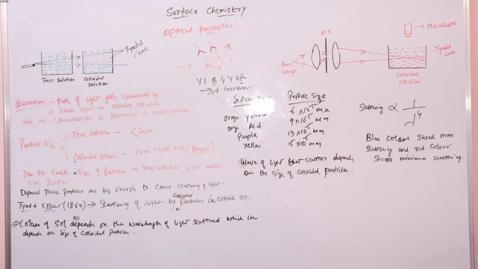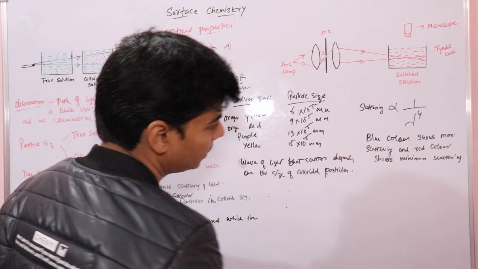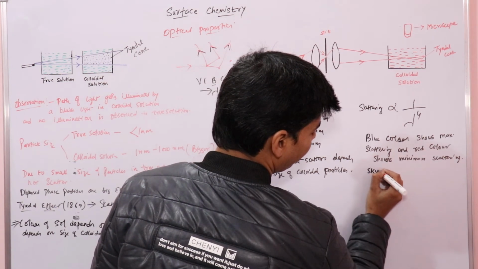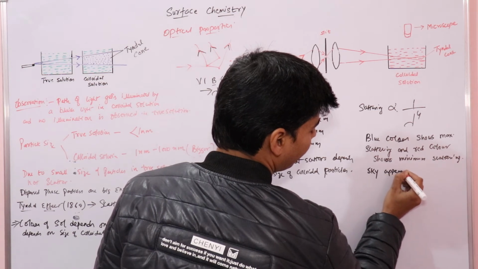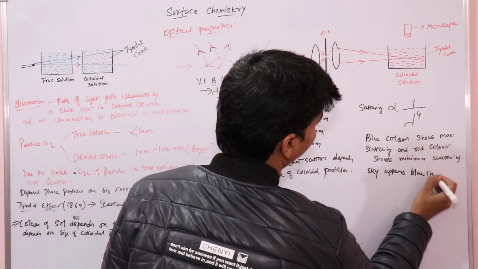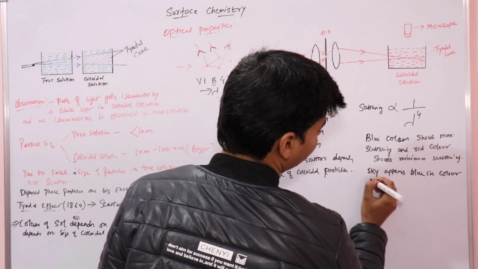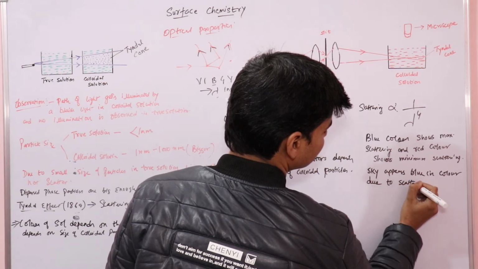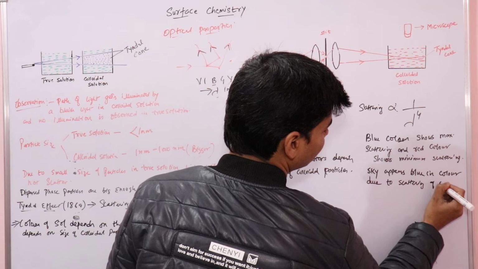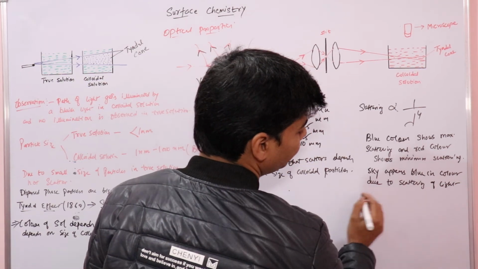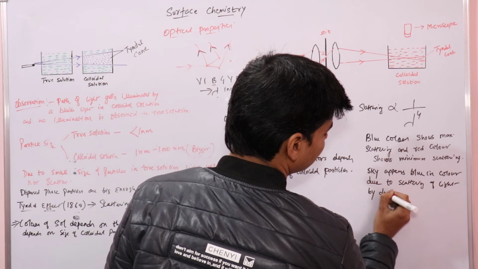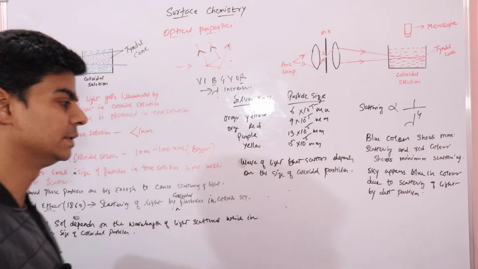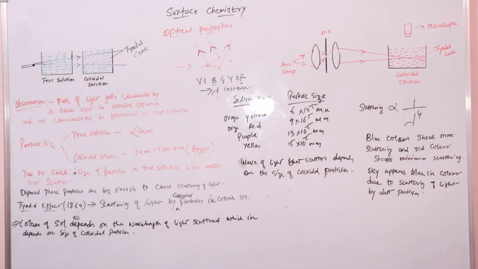So blue color shows maximum scattering and red color shows minimum scattering. Due to this, the sky appears blue in color due to scattering of white light by dust particles in air of colloidal size. I hope this is clear.